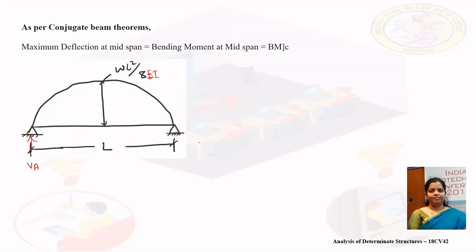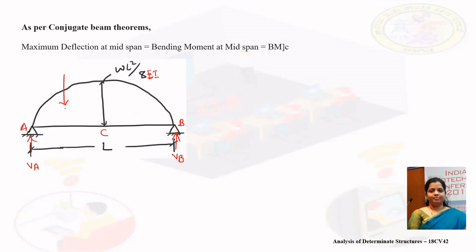Shear force is acting at the support A and shear force is acting at support B. A and B are the two supports. Since the parabola is symmetric, I will consider only half of the portion for computation of bending moment at point C.